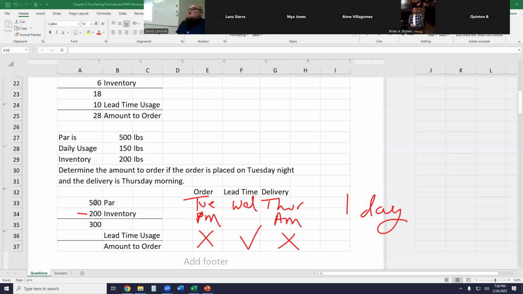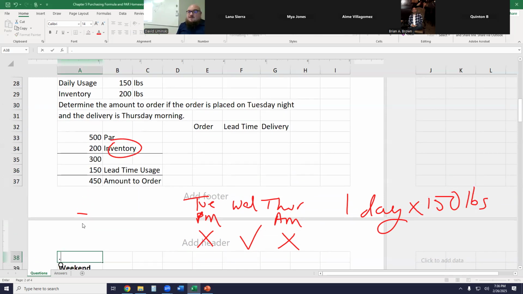Understanding when our orders and our deliveries are happening is gonna tell you what our lead time usage is going to be. So our daily usage is 150 pounds. So I should order 450 pounds.